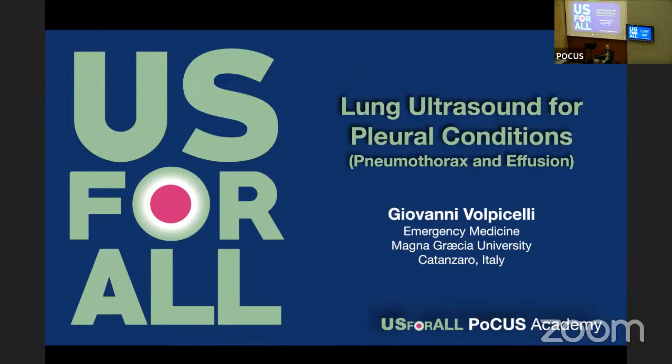Third point, I agree with you that there is no tight correlation between the imaging and the clinical condition of the patient. And the same is true for lung ultrasound. There is no difference about that. Thank you.